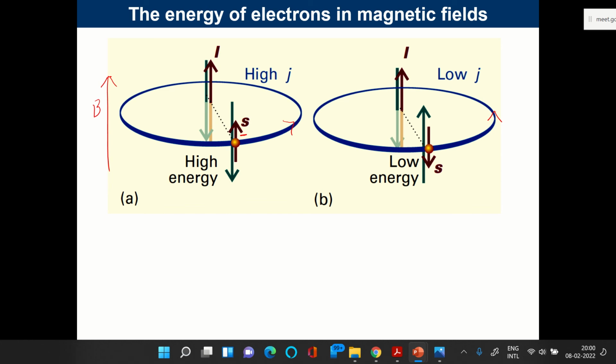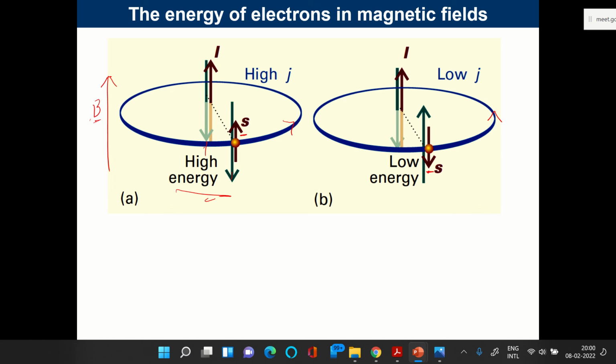Now you see, we can imagine a tiny magnet in the electron, and both the magnetic moments are in the opposite direction to the applied magnetic field, so the energy of this system is going to be high. Now imagine that the spin is in the opposite direction.